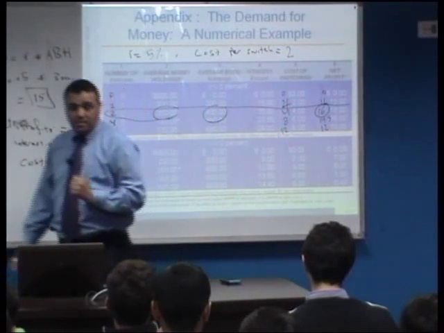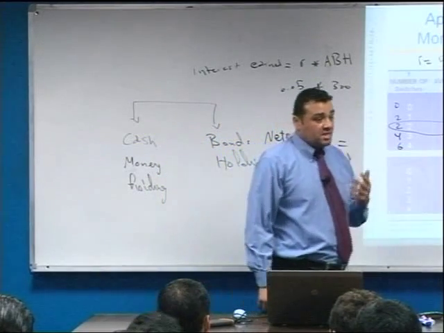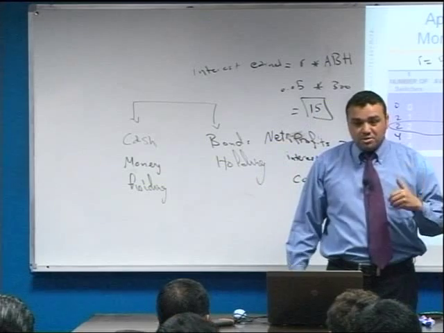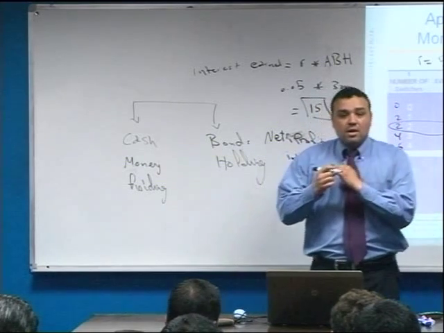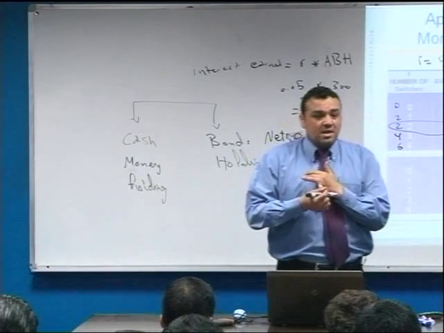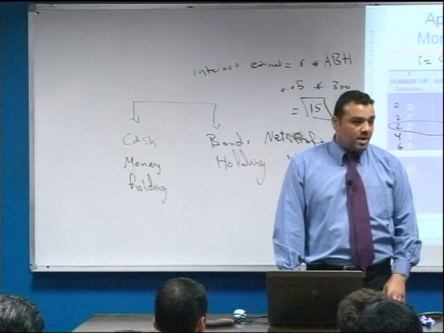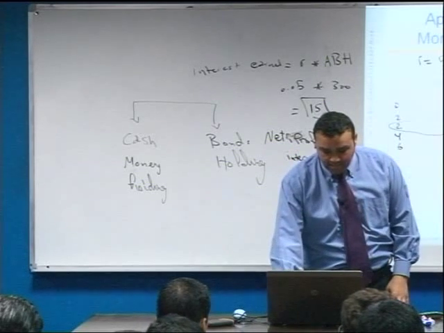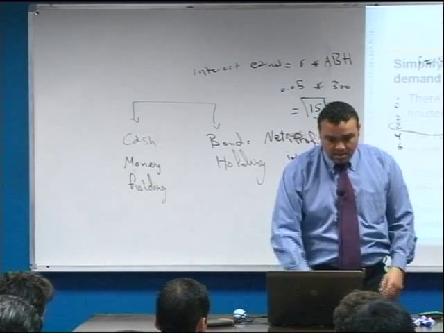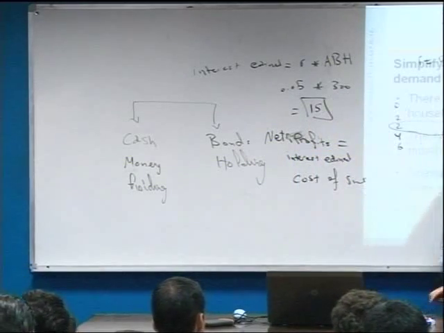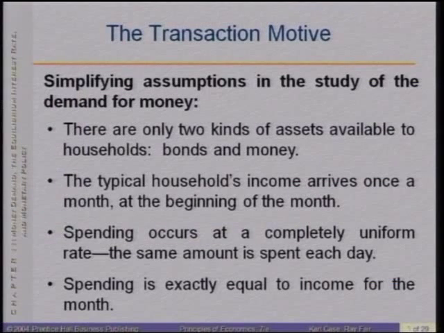Right? Okay, let's go to the theoretical part and the assumptions for this theory. The assumptions of this theory say that the household receives their income one time a month, at the beginning of the month. So let's come back to the assumptions. As you see, we have four main assumptions for this theory.